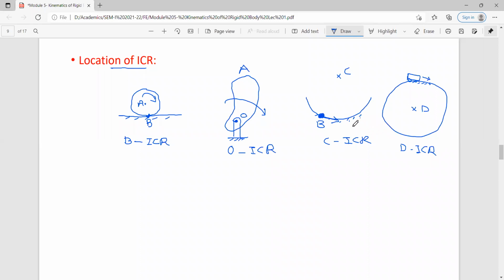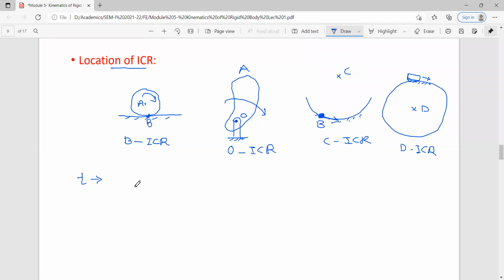And the beauty of the ICR method is that it says that at any particular moment t, any motion can be considered as circular motion or rotational motion.